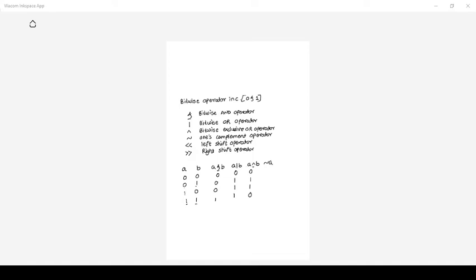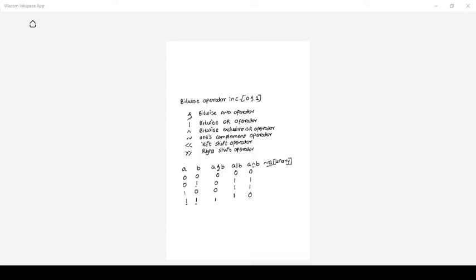Now the complement operator, or one's complement operator. It is actually the negation, or the reverse. It takes only one operand, so it is also called a unary operator.